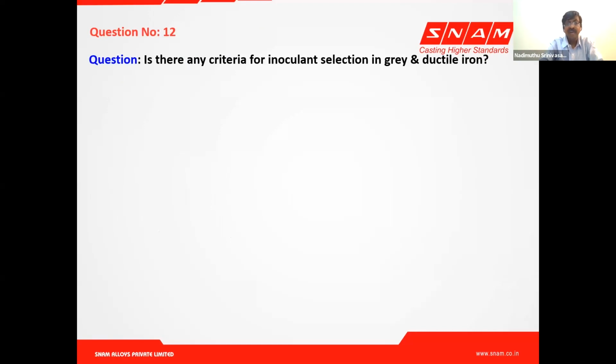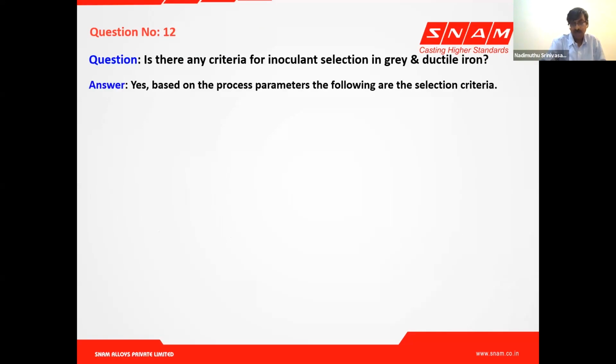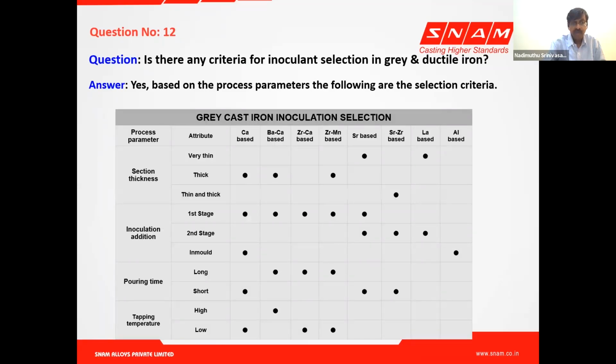So is there any criteria for inoculation selection in gray and ductile cast iron? Now this is going to be the last slide that I am presenting. We do have, based on the process parameters. So what are the process parameters? Your pouring temperature, your casting section thickness, your pouring time, and the composition of the metal.